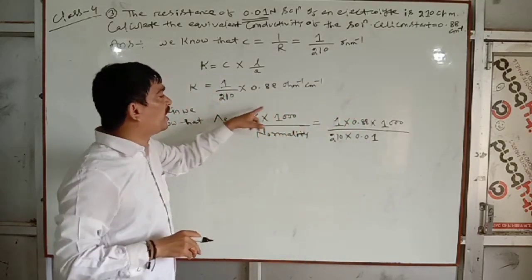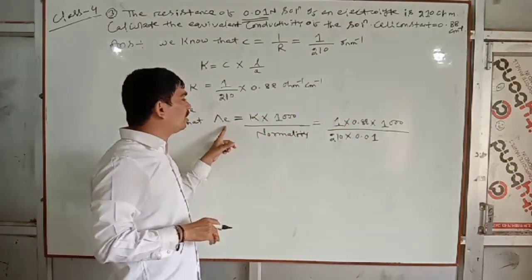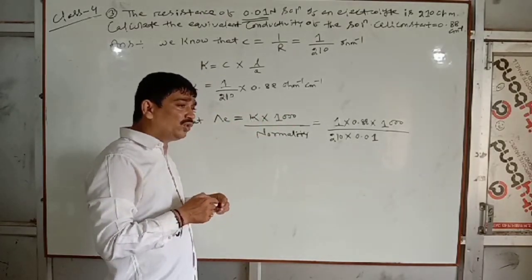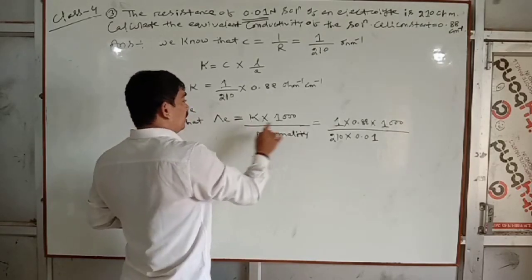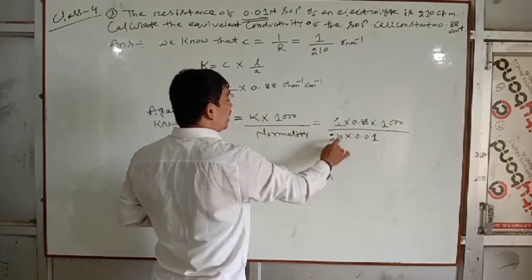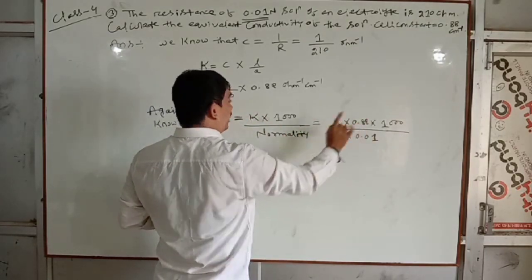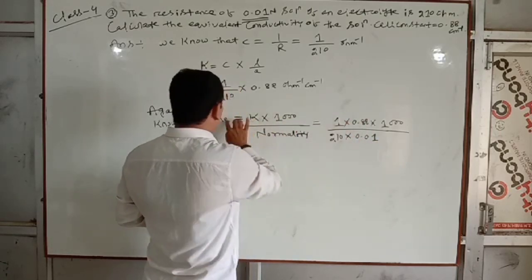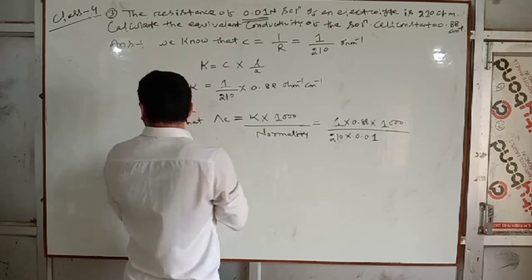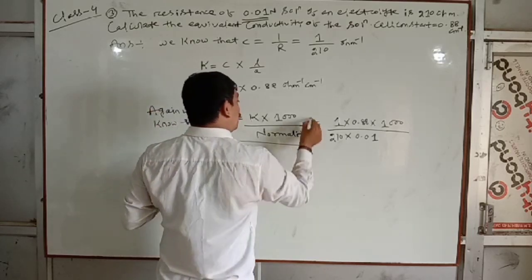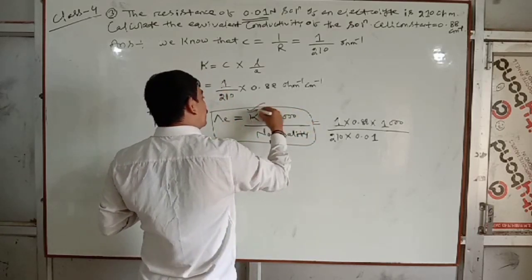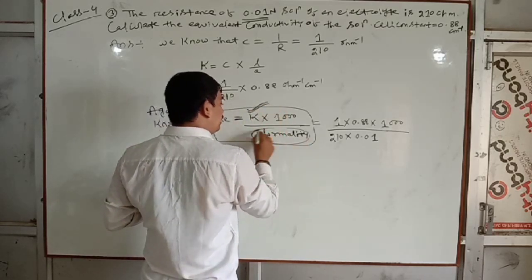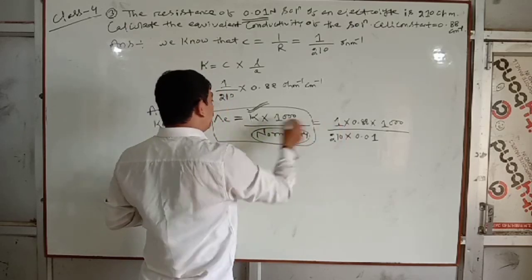Equivalent conductance equal to kappa into 1000 by normality. So we have to check this. Kappa is how much? 1 by 210 into 0.88. The normality equal to 0.01, into 1000. This is the formula. So we have to put all these values of specific conductance and normality of the solution, that is concentration, in this formula.